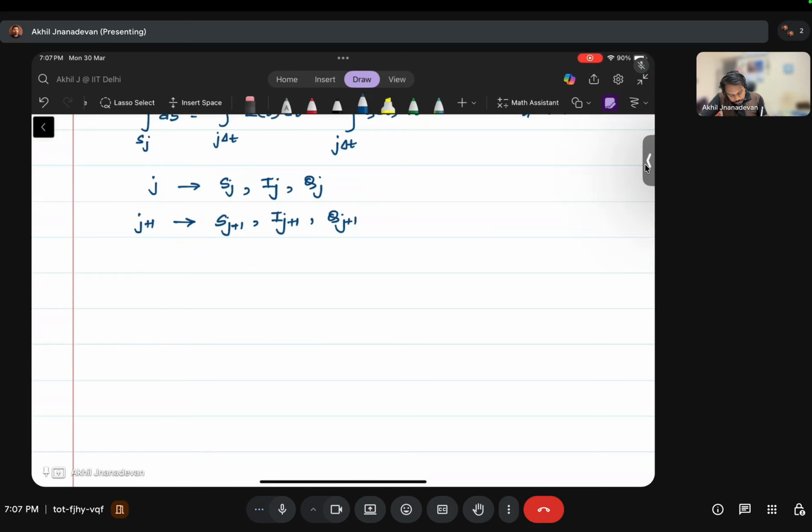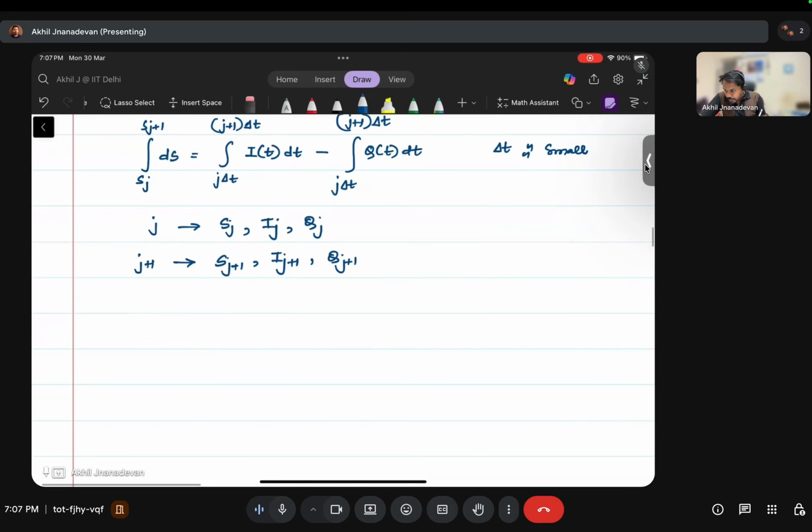Then this particular integral we can write in the discrete form, that is Sj+1 minus Sj is equal to this integration. We can write it as (Ij plus Ij+1) by 2 into delta t minus (Qj plus Qj+1) by 2 into delta t.